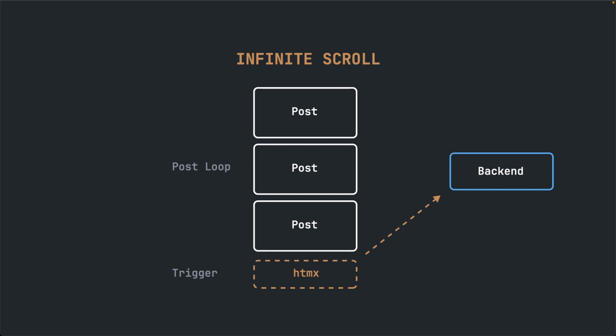Our backend figures out what the next 3 posts are, and then sends a snippet back to the frontend containing the new posts and also again the trigger element. The Htmx then swaps this snippet in the place of the old element. So with each call we load in a batch of 3 new posts with the trigger, and this goes on until we run out of posts.